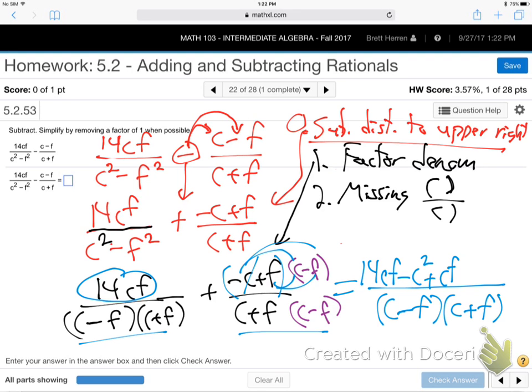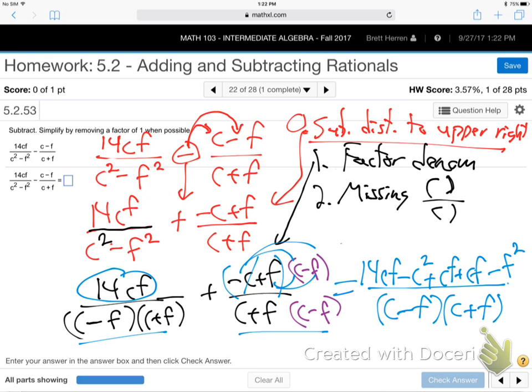And then the f goes boom and a boom, plus cf, minus f squared, because plus f times minus f. Can you read all that? Minus f squared. There. We're almost done.